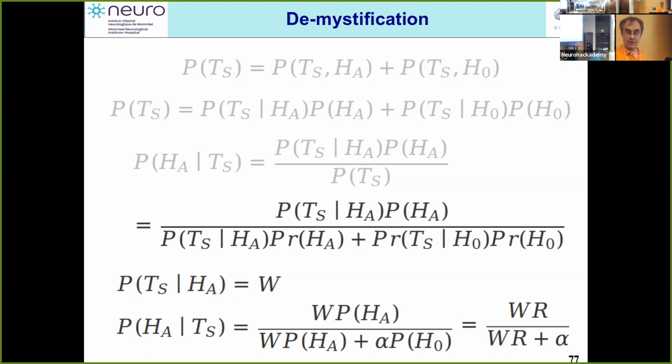So look at that latest formula. We have power on the numerator, multiplied by R, which is the odds ratio: the probability of the alternative divided by the probability of the null. That odds ratio tells you how likely my alternative is compared to the null. Is it a hypothesis that is a bit crazy, that I've got very little chance of being true in general, or is it a hypothesis that I'm very confident about and is most likely to be true compared to the null?